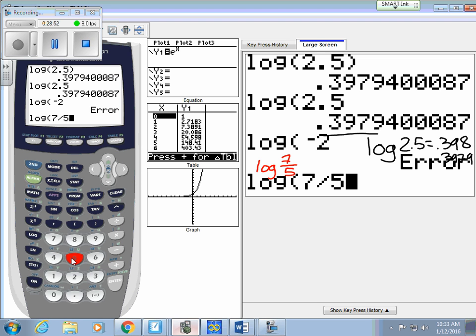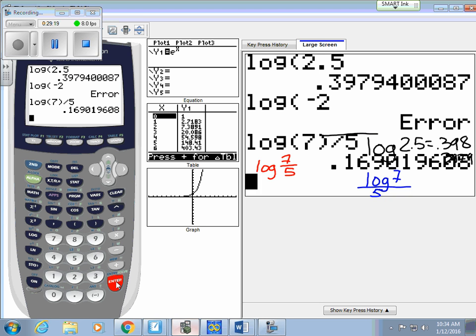So when I have something like log of 7 over 5, that 5 is on the outside of my log. I have to close out my parentheses, and then divide by 5. This will take the log of 7, calculate that, and divide your answer by 5.